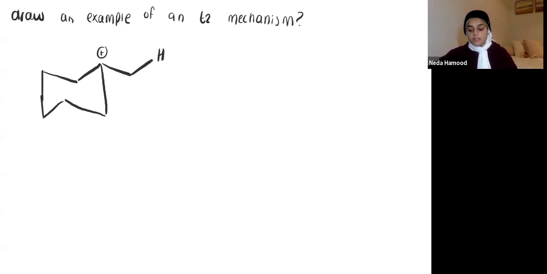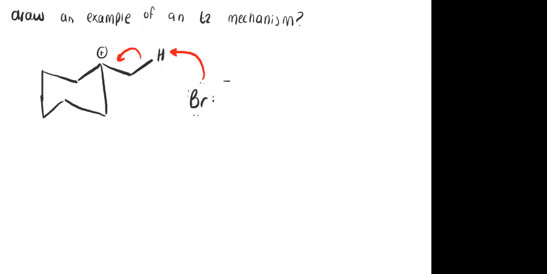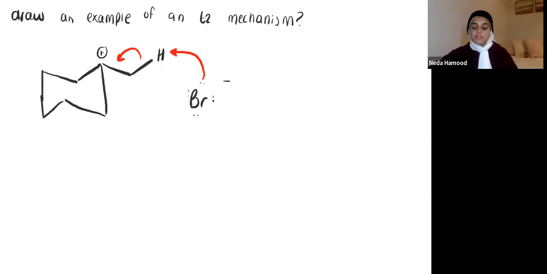This is an example of an E2 reaction. Can somebody tell me how many steps an E2 reaction occurs in? 1. Yep, 1 step. So I'm guessing the rest of the options were happening in 2 steps.